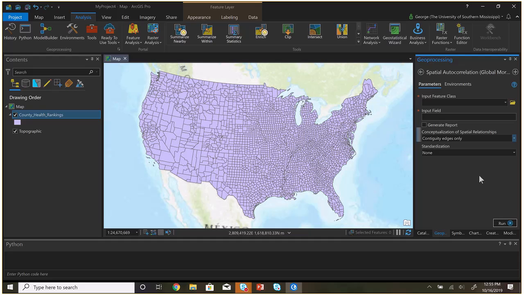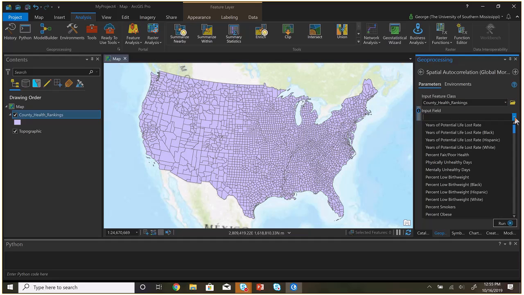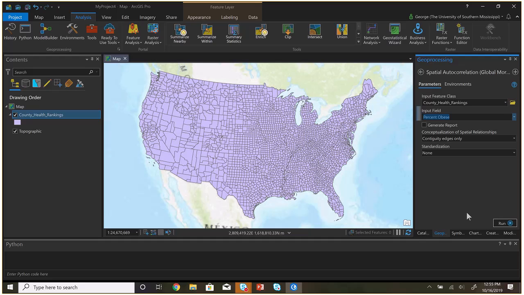So in all cases, I have to choose which data set I'm going to use, and then I select an input field. Here we might just do percent obese. Okay, sure, I fall into that category. Then I could look at all of the pairs of counties to determine, is spatial autocorrelation going on?